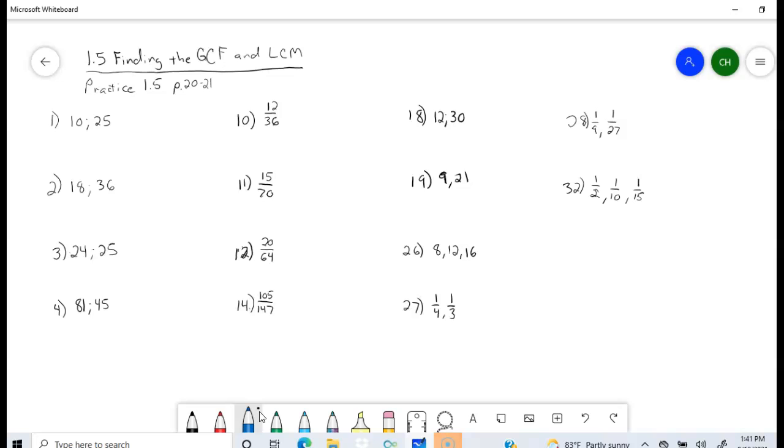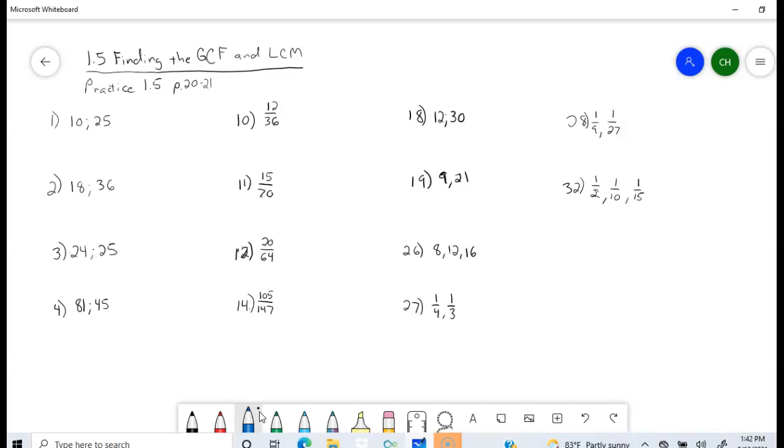Alright, so for questions 1 through 4 that I have written, we are looking for the greatest common factor. We discussed previously that factors of a number are two numbers that multiply to equal that number.